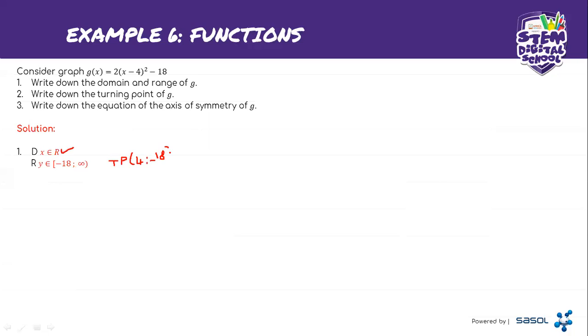This is the turning point, right? Now look at the range now. y is an element of [-18, positive infinity). Can you see this -18? You can see we have used it. So it's very important that you know the turning point, the value of y on the turning point. Then you can be able to determine the range.